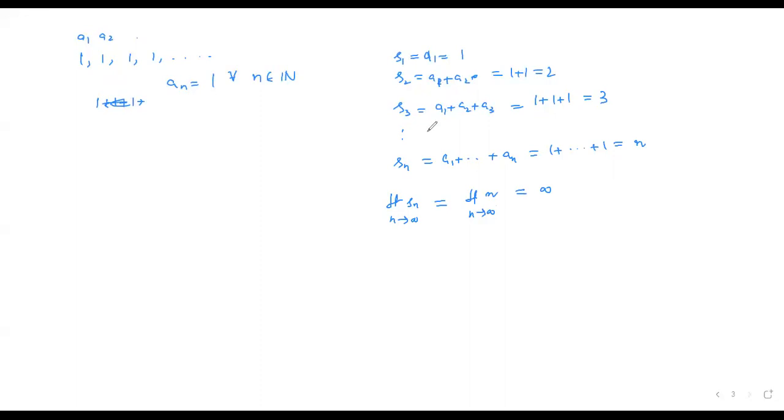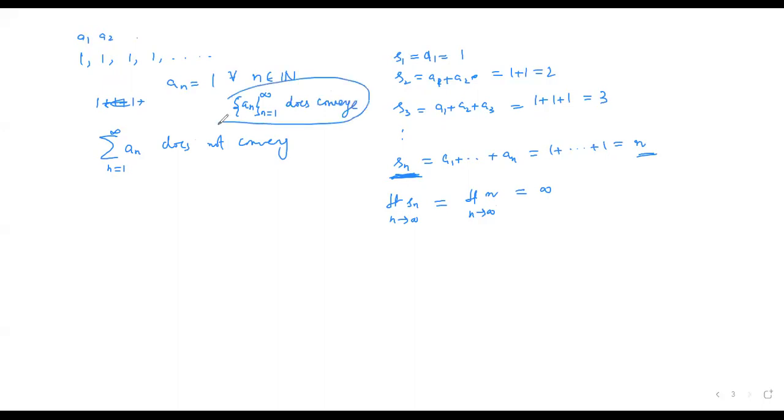So this sequence can never converge, right? So if it does not converge, it means this summation a_n does not converge. Although a_n as a sequence does converge, because it converges to 1. I am trying to point out this difference. But the series it makes obviously will not converge.